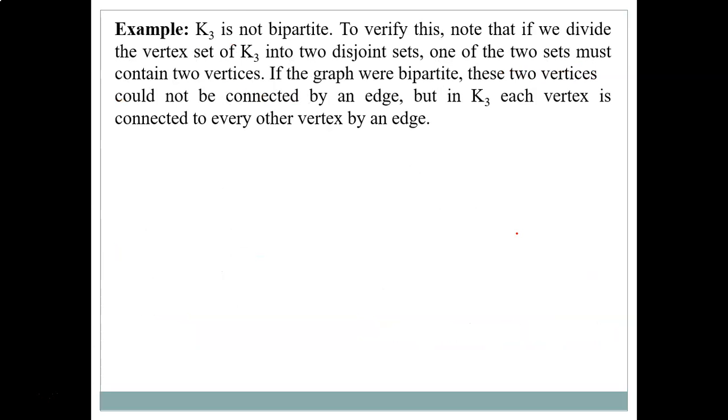Now the complete bipartite graph. But before that, we have that K3 is not bipartite. You know, K3 is a complete graph of three vertices. This is K3 in fact, and you can write this is V1, V2 and V3.